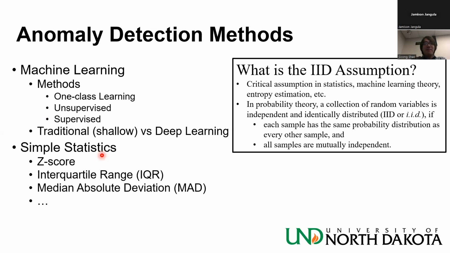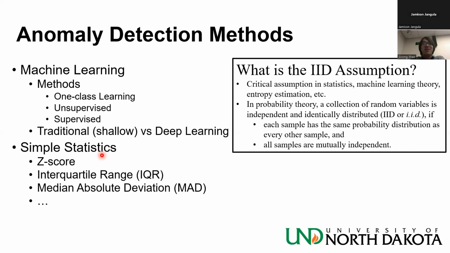And for the model in the machine learning based anomaly detection approach, based on the complexity of your model, we can divide it into shallow models and deep models. The shallow model is usually a traditional machine learning based approach, for example, one class SVM, isolation forest, local outlier factor.